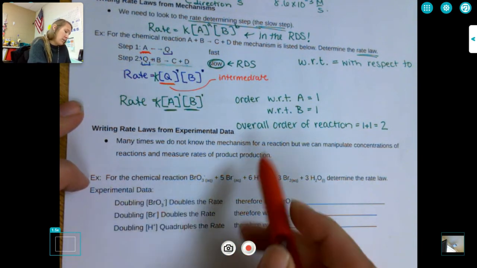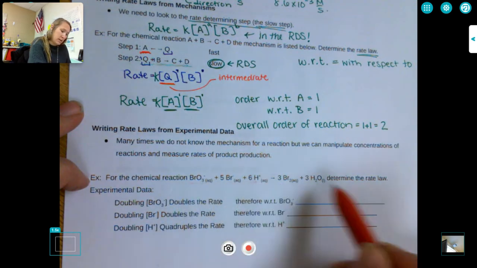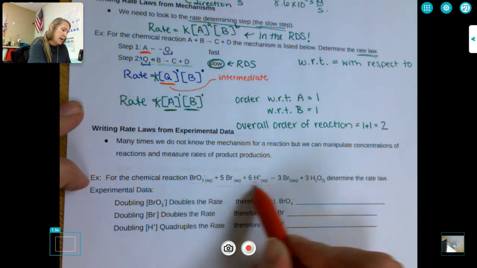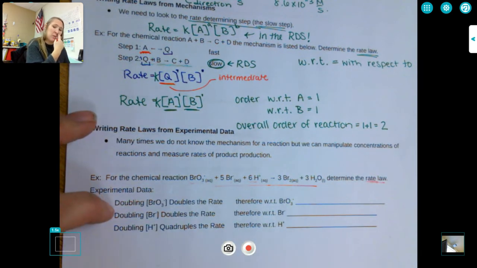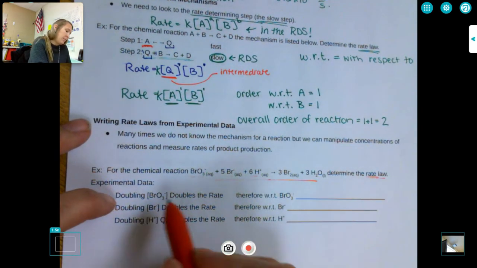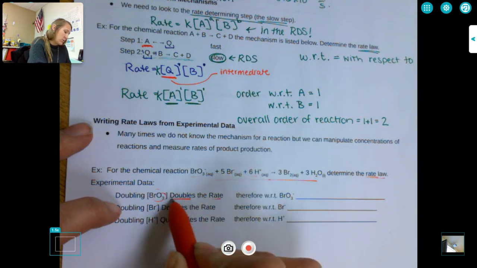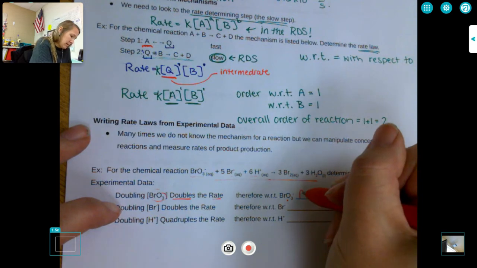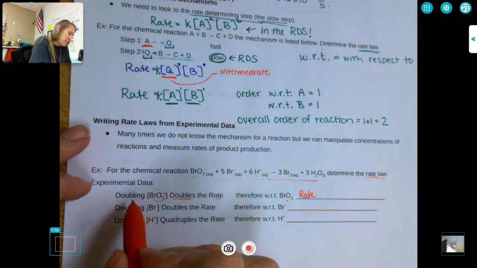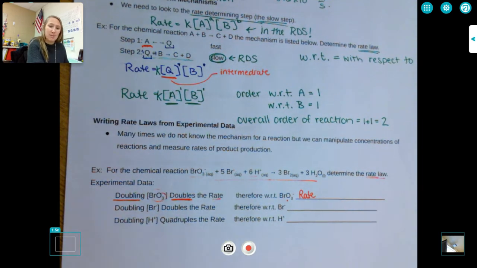So for the chemical reaction of BrO3 minus plus 5 Br minus plus hydrogen ions, this is a redox reaction, right? For this reaction, determine the rate law. Well, our experimental data tells us that when we double our bromate, the rate also doubles. So with respect to bromate, my bromate doubles and my rate doubles, they increase at the same rate.